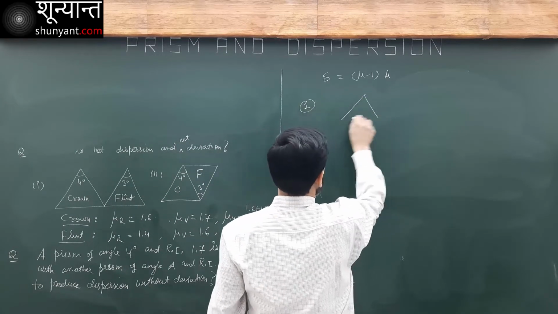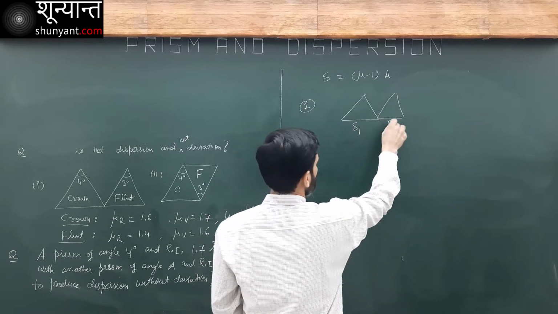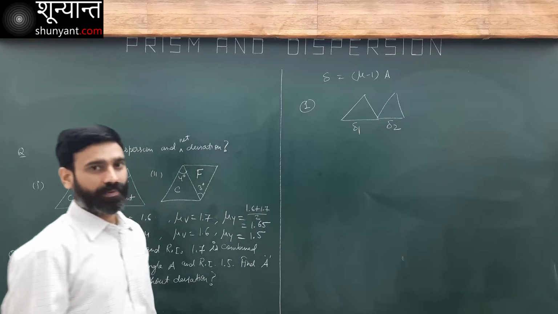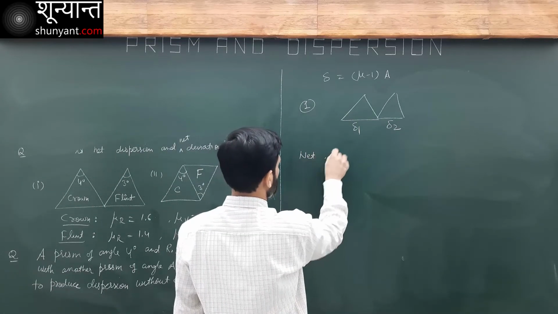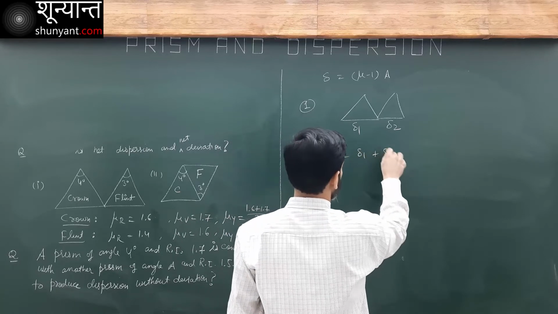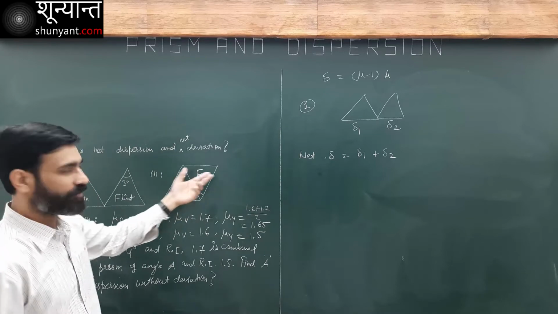Now, first case, when I have prisms arranged like this. Let's say that this produces delta 1, this produces delta 2. Then net delta is delta 1 plus delta 2. In the other case it is going to be subtracted.